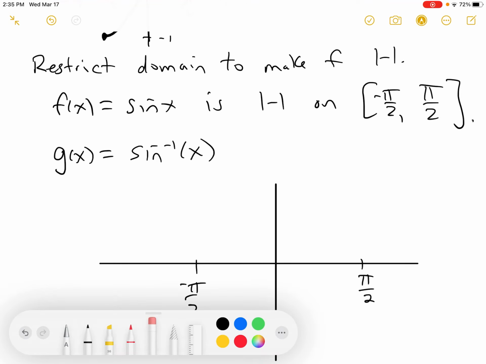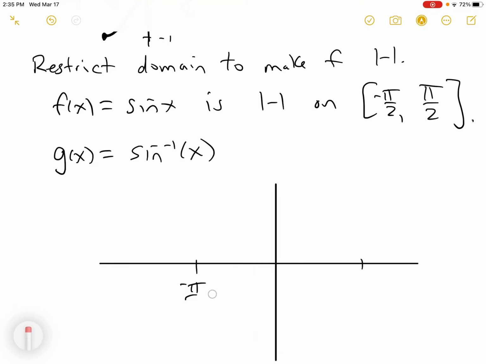Now I'm doing this backwards. Hold on, it's been a while. Now the inputs are numbers and the outputs are angles.